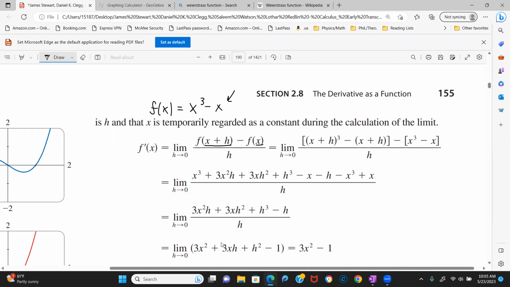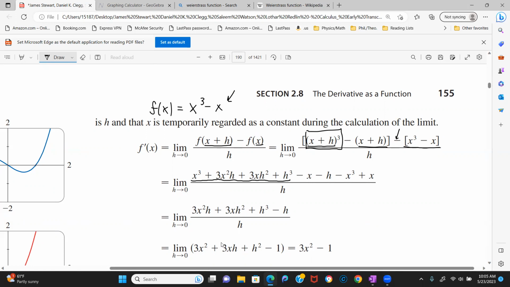That's why we have this x plus h cubed minus x plus h, and then put that in square brackets, and then minus just the original function itself. So if you compute this, you get, I guess it looks like this part here, x cubed plus 3x squared h plus 3x times h squared plus, sorry, h cubed.